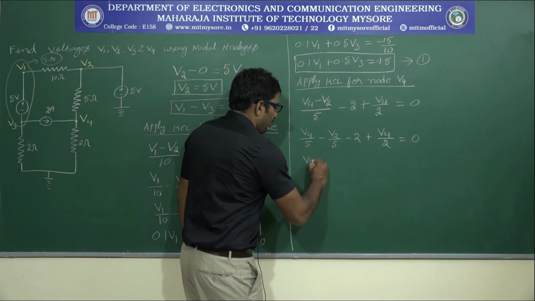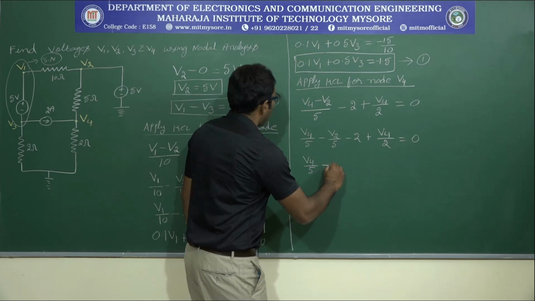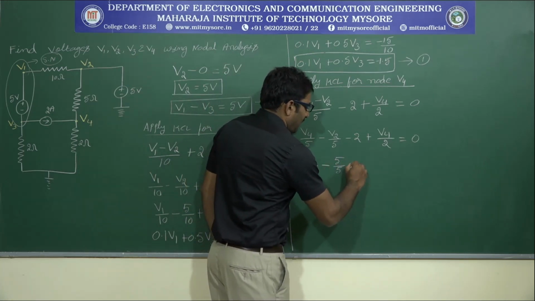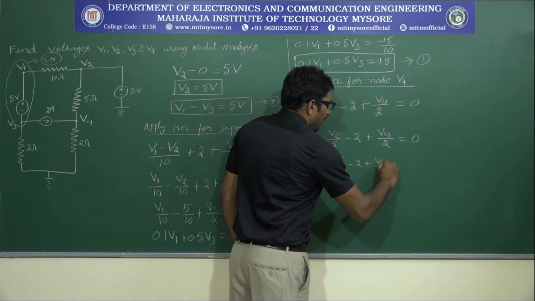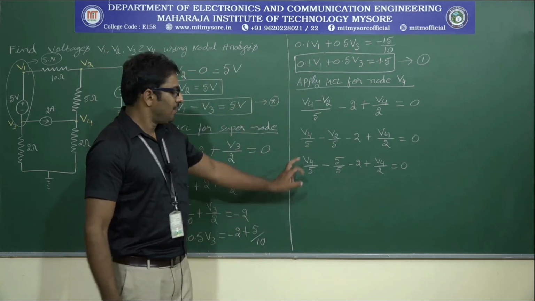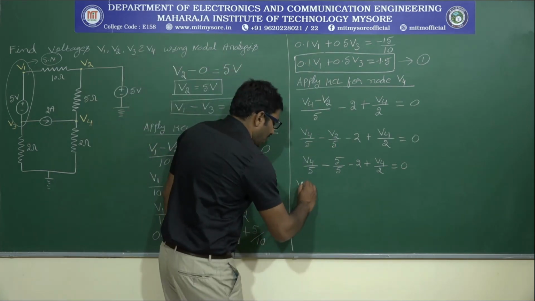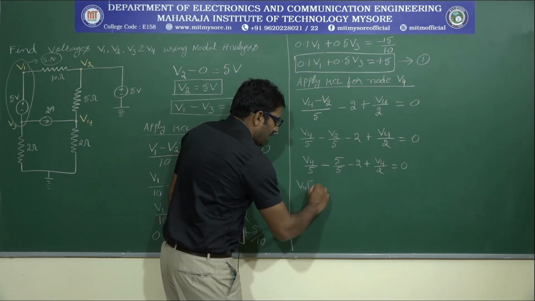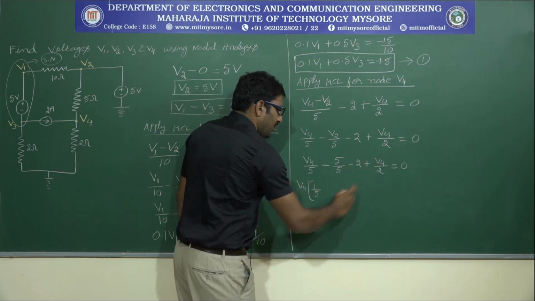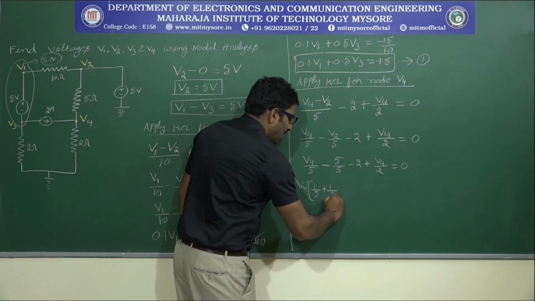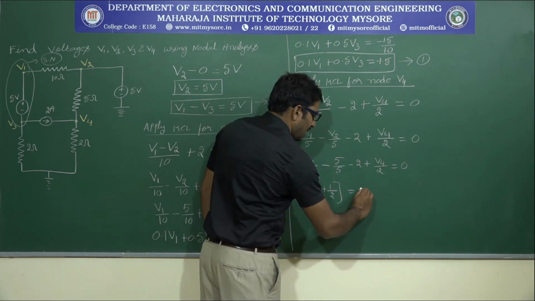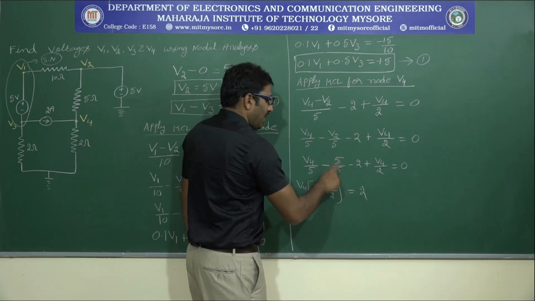So V4 by 5 minus 5 divided by 5 minus 2 plus V4 by 2, that is equal to 0. Next, take V4 as a common factor. Coefficient of V4 is 1 by 5, again coefficient of V4 plus 1 by 2, that is equal to minus 2. Shift to the right side, 2. Again 5 by 5, 1.